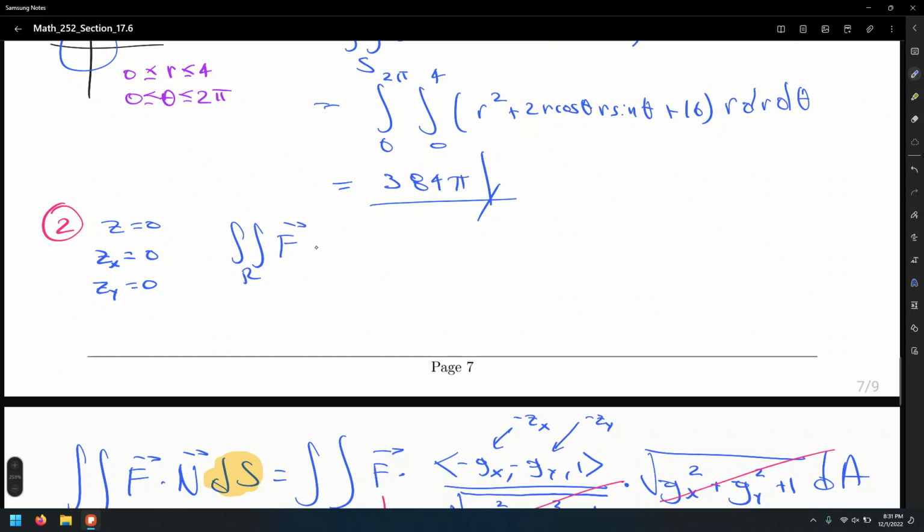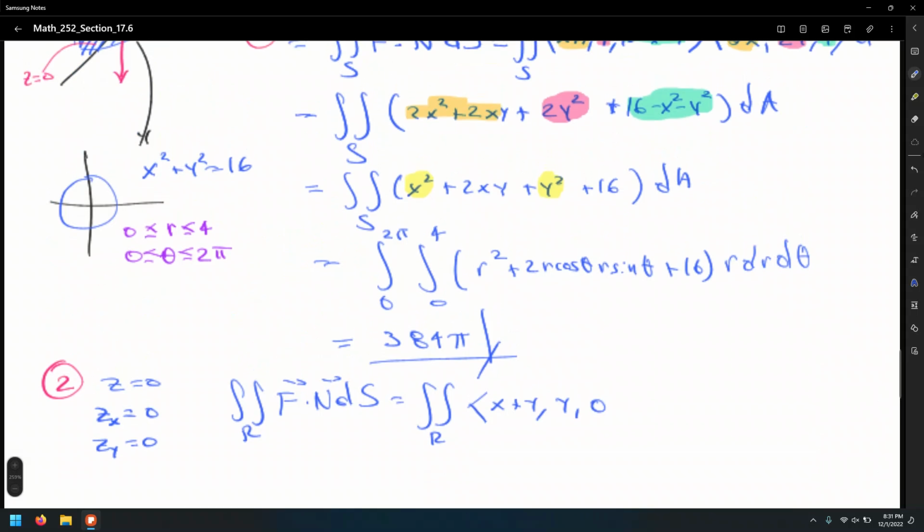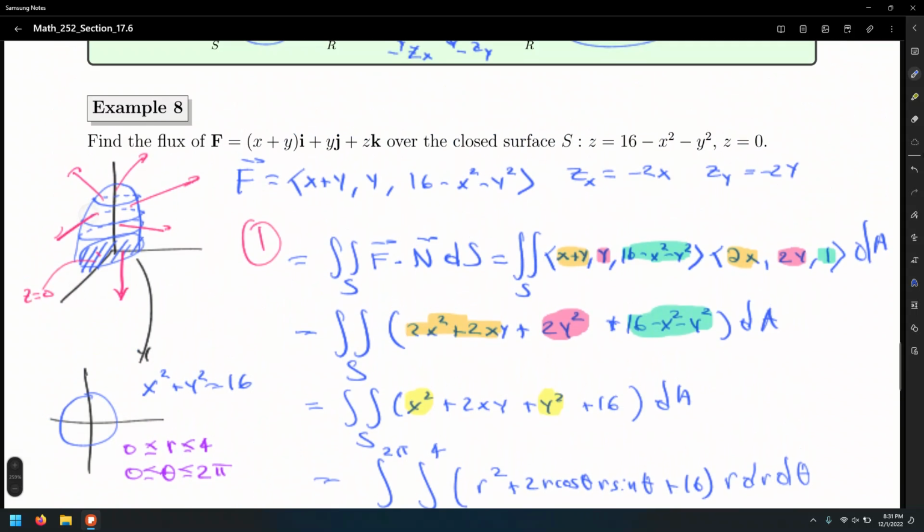F dot n dS. And in this case, we simply compute the double integral over R of the vector field, x plus y, y, 0, because again, check this out. Our original vector field is x plus y, y, z. Again, we want to get everything in terms of x and y. What is z in this case? Isn't it 0?